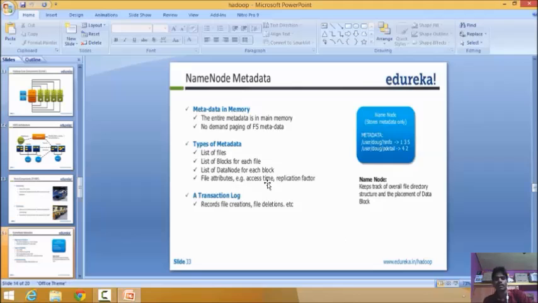What is replication factor? Replication factor is how many replications you are doing for each file. And a transaction log records file creations, file deletions, etc. See here, the name node stores only metadata, not the actual data. This is the metadata: slash user slash hinfo 135.